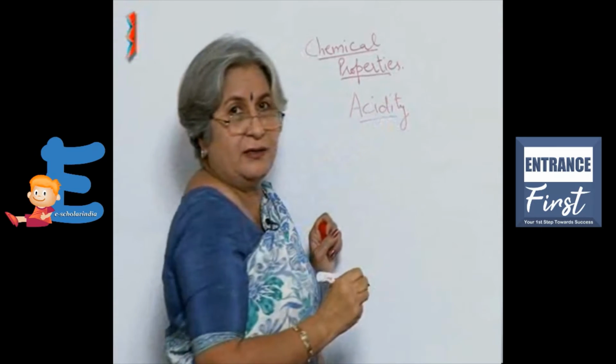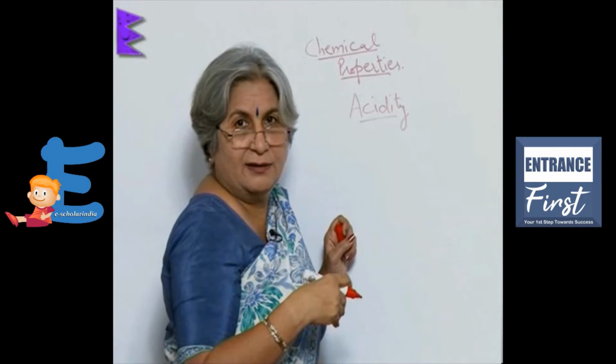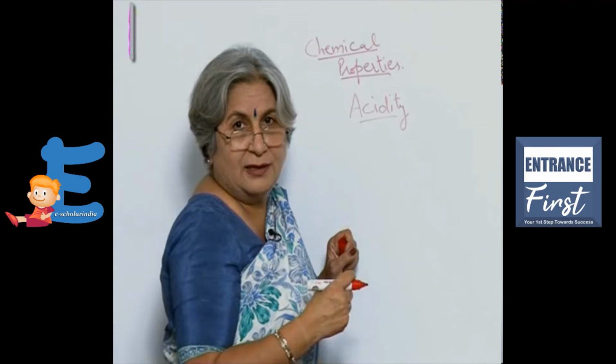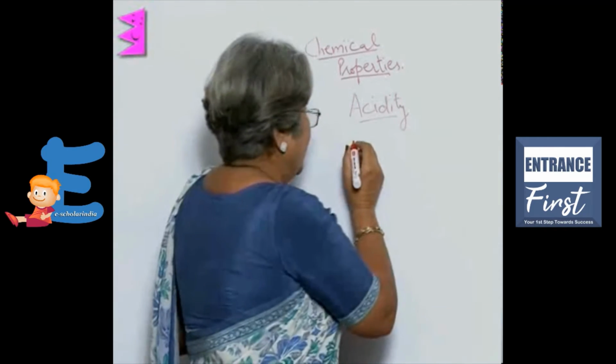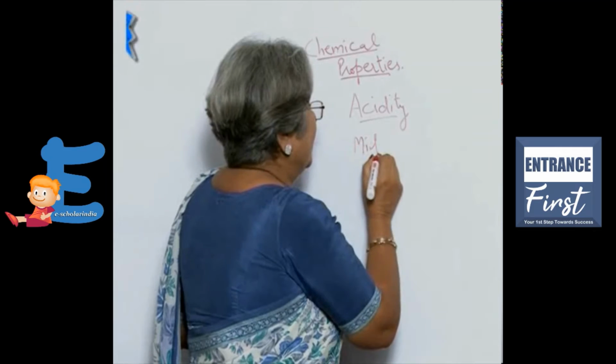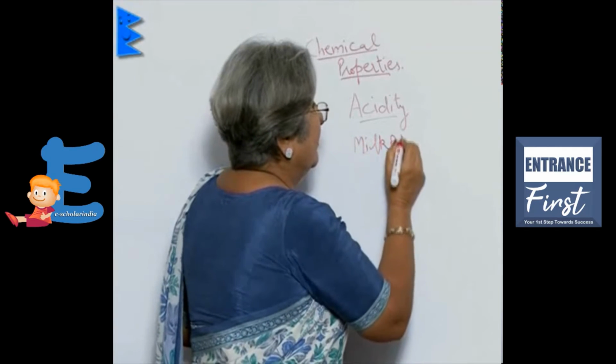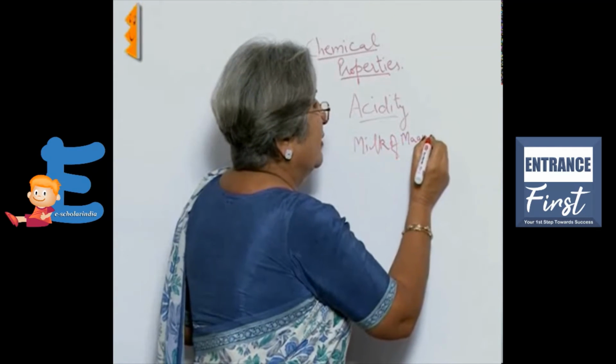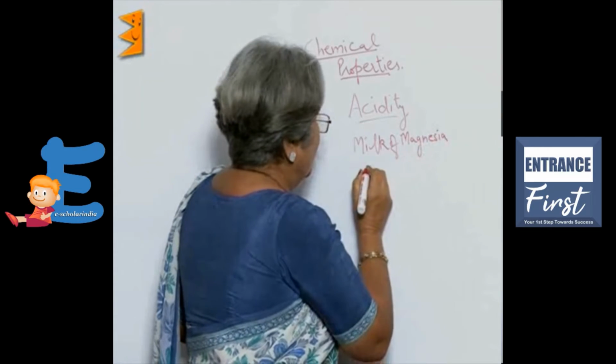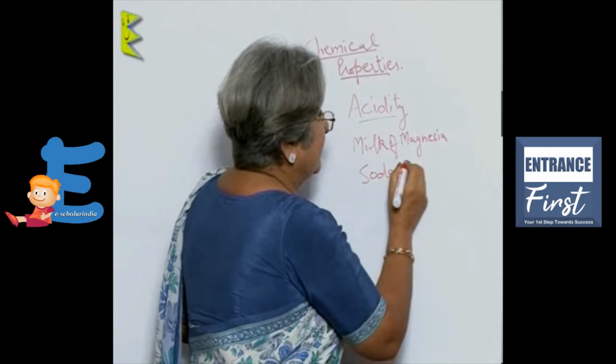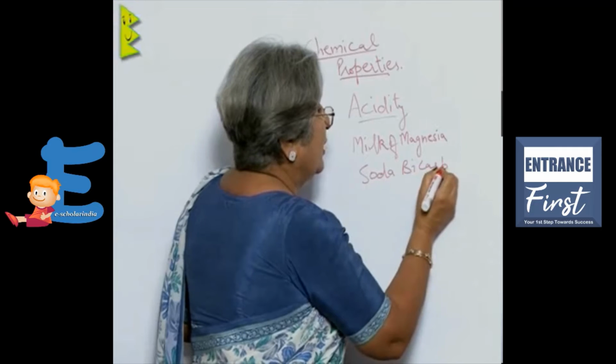How can we cure it? You can take lot of water, you can take cold milk, and otherwise you take milk of magnesia, you can take soda bicarb or ENO.